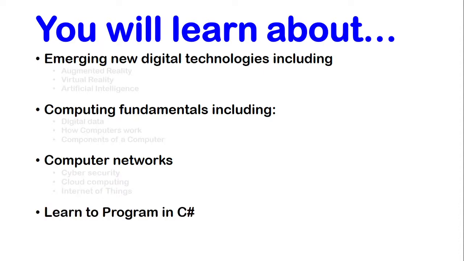A huge focus of the course is learning to program in C Sharp. For those who don't know what C Sharp is, it's an object-oriented programming language. It's actually the world's most popular programming language, and it's the one that's used most often by the big IT companies, particularly in Northern Ireland.